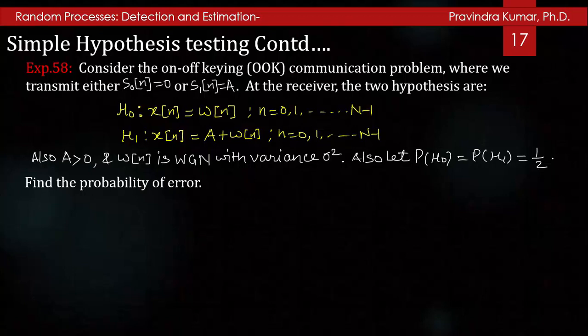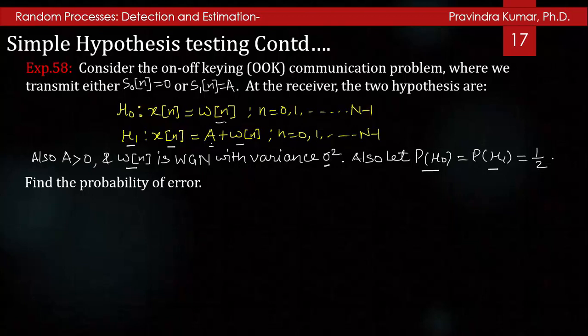The two hypotheses are: under hypothesis H0, we have x[n] equal to w[n], where n is 0 to N minus 1, and under hypothesis H1 the observed data is x[n] equal to A plus w[n], meaning a DC level in Gaussian noise, where A is greater than 0 and w[n] is white Gaussian noise with variance sigma square. And also let the probability of H0 and probability of H1 be equal, meaning 1 by 2, so both the hypotheses are equally likely.